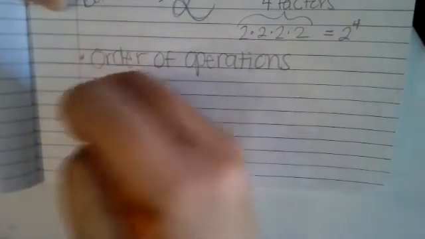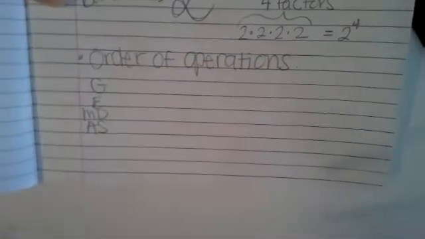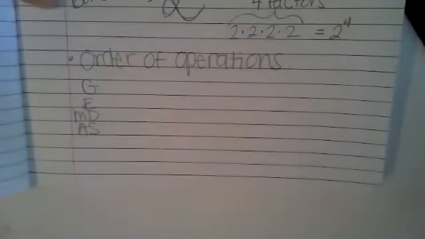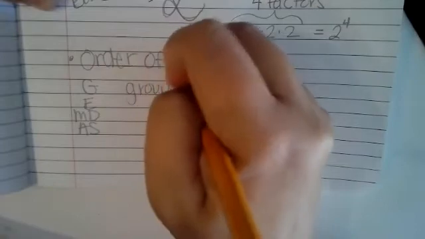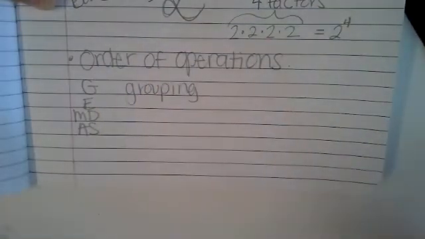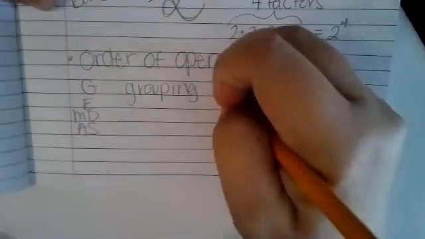So what does GEMDAS stand for? G is standing for grouping. When we get to a problem, the first thing we're going to do is always look to our grouping symbols. Because we are moving up in math, we have more than just parentheses now.